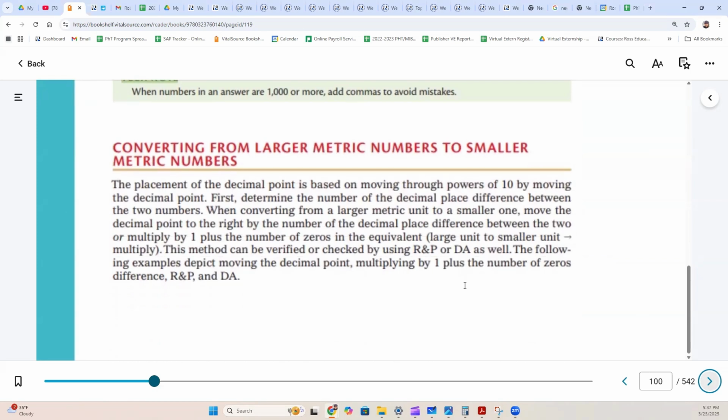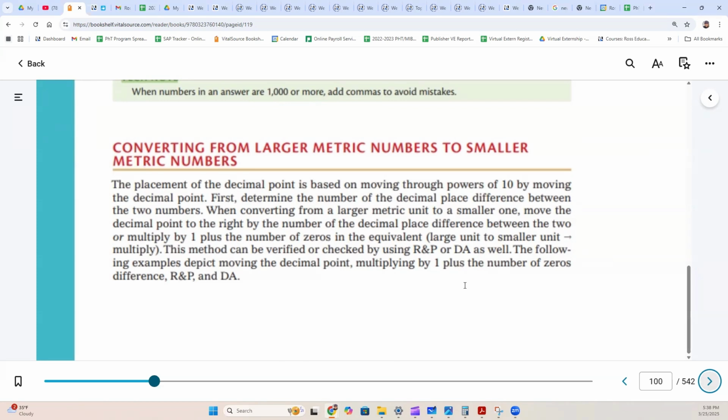The placement of the decimal place is based on moving through powers of 10 by moving the decimal point. First, determine the number of the decimal place difference between the two numbers. When converting from a larger metric unit to a smaller one, move the decimal point to the right by the number of the decimal place difference between the two, or multiply by 1 plus the number of zeros in the equivalent, which is the large unit to smaller unit, then multiply.